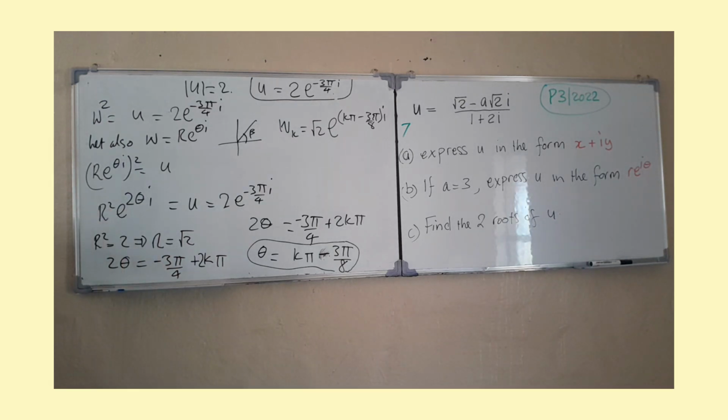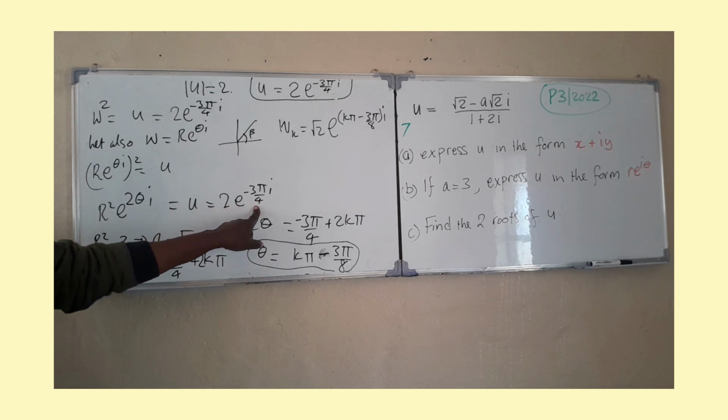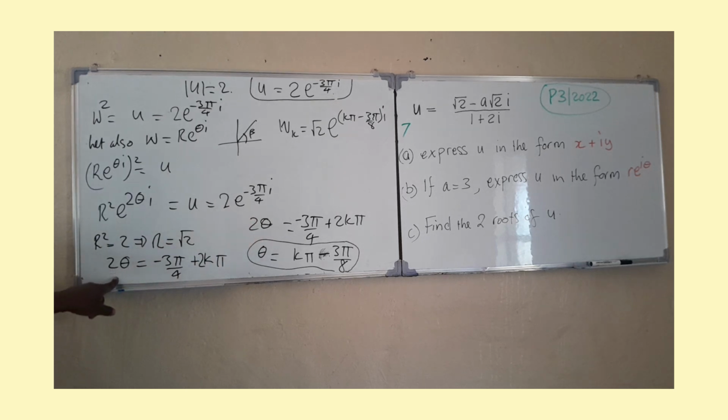Let's just slowly repeat it. We found that these two arguments should be equal. So 2 theta must be equal to this plus some constant multiple of 2 pi. So 2 theta should be equal to minus 3 pi over 4 plus 2k pi, where k is an integer.